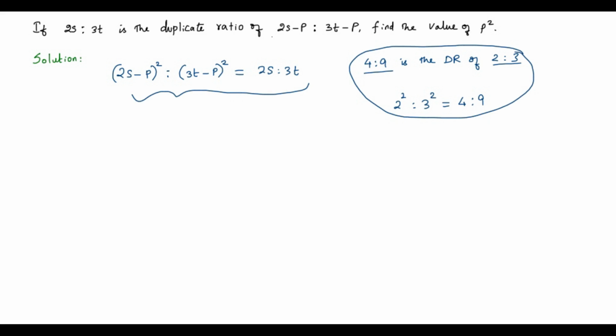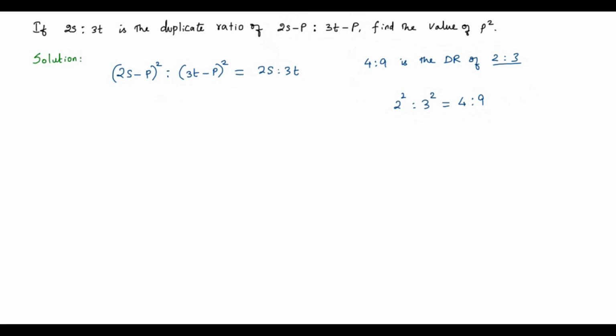So the duplicate ratio of 2s minus p is to 3t minus p means we have to find the duplicate ratio of this one. We square both the first term and second term. The result will be equal to 2s is to 3t, because this is the duplicate ratio of 2s minus p is to 3t minus p.